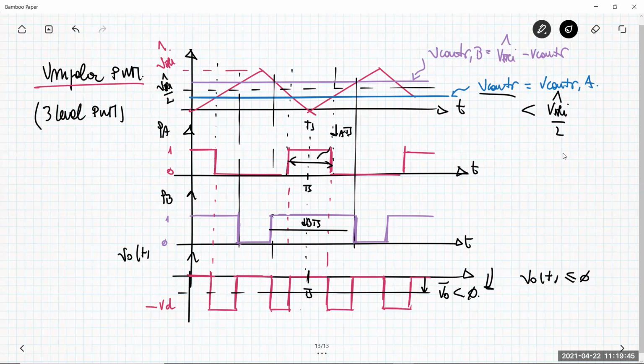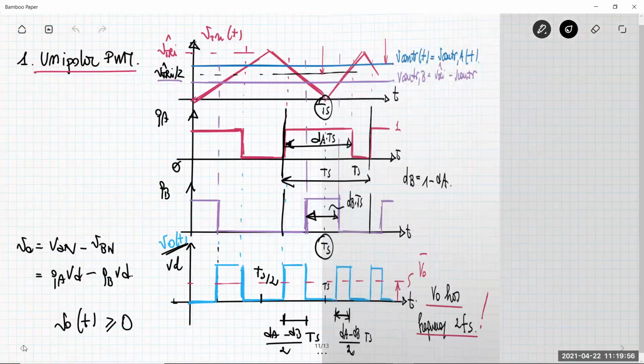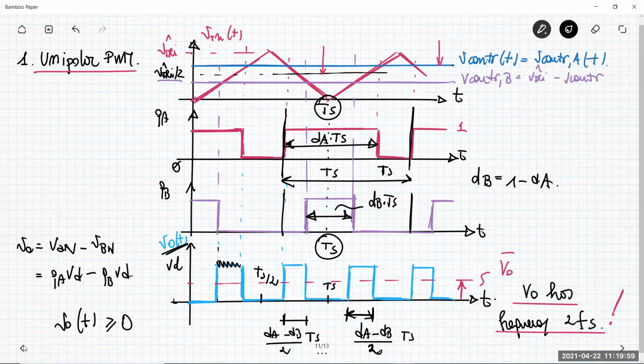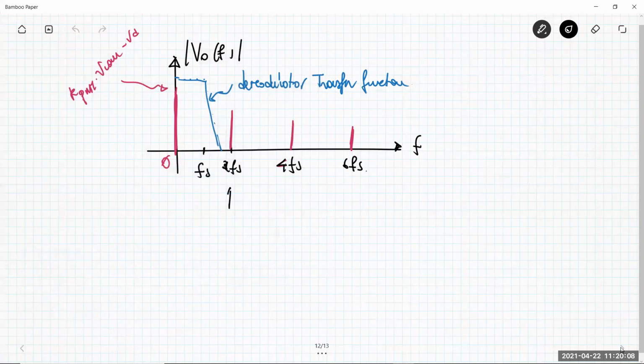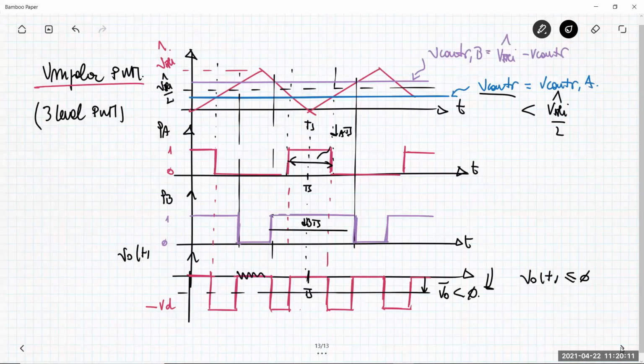Because the values that can be reached by the output voltage V naught are exactly three. You have plus Vd, zero, and negative Vd. This is the reason why you get this name.